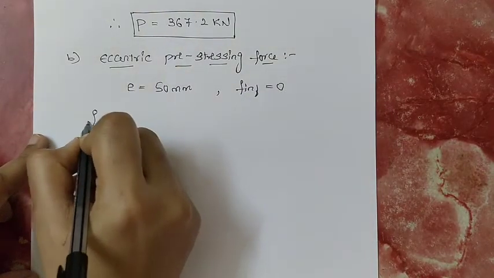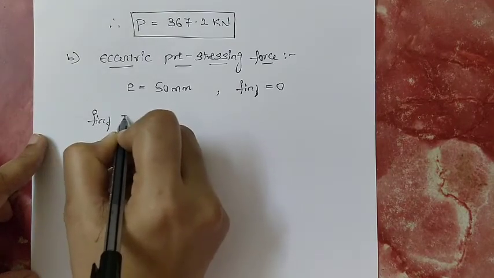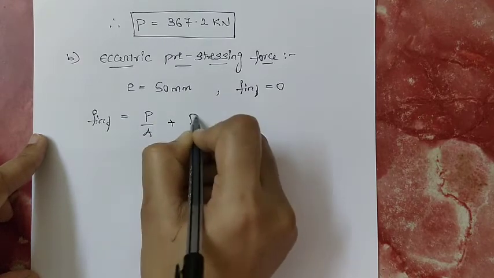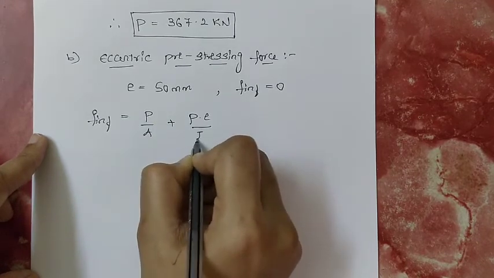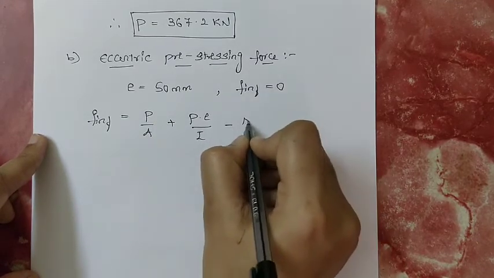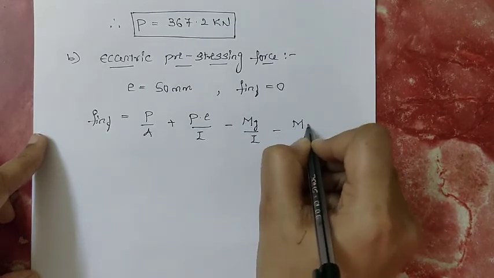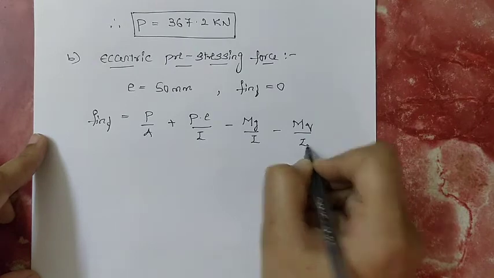Then the same equation, F inferior equals P by A plus P into E divided by Z minus Mg divided by Z minus MQ divided by Z.